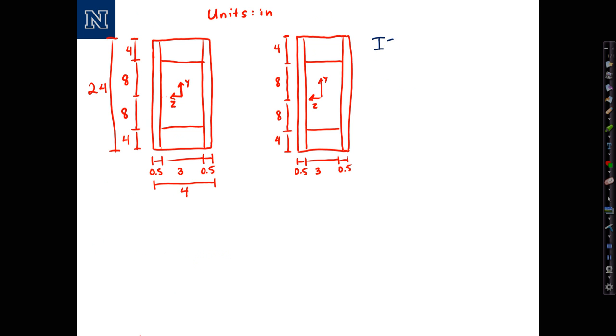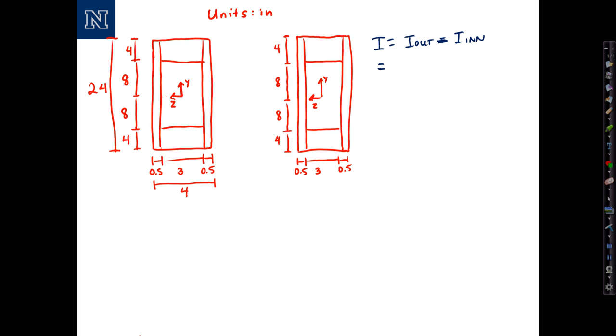For the moment of inertia, we'll use the formula for a box section. We'll take I equals I outer minus I inner, which is I of the hollow part in the middle, using the rectangular formula I equals BH cubed over 12.